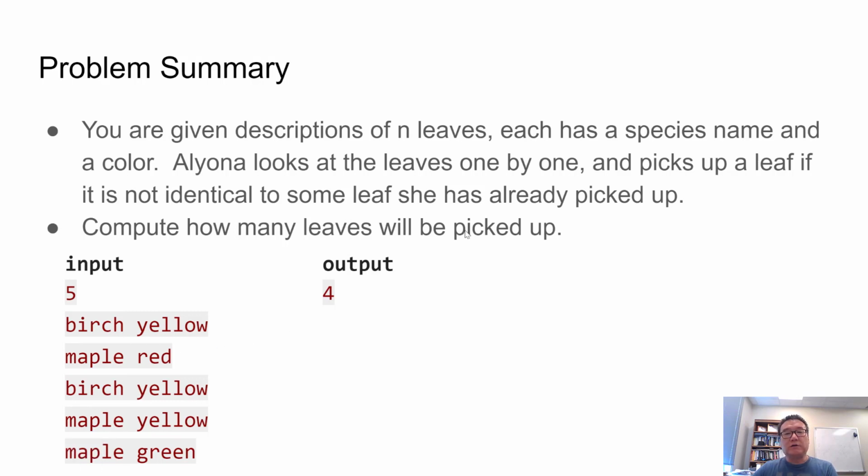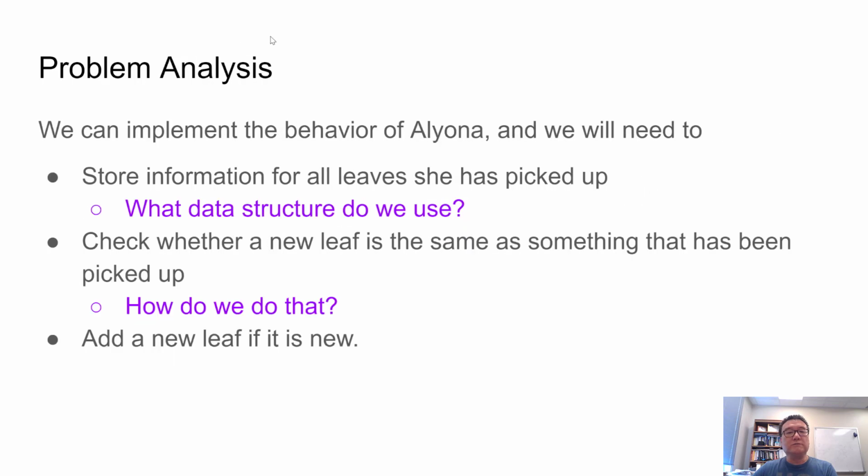So that's the problem. How do we do it? We can solve the problem by simply implementing the behavior of Alona. To do that, we will need to do these 3 things. First, we need to store information for all the leaves she has already picked up, because this is something we need to check. So we need some data structure to store information for all the leaves.